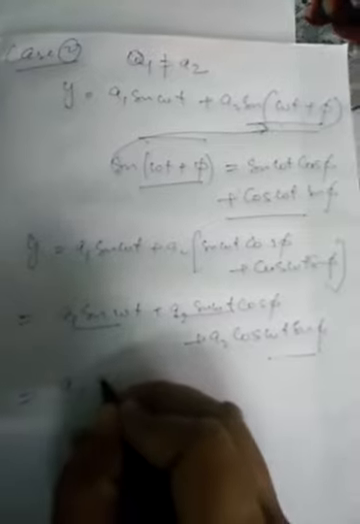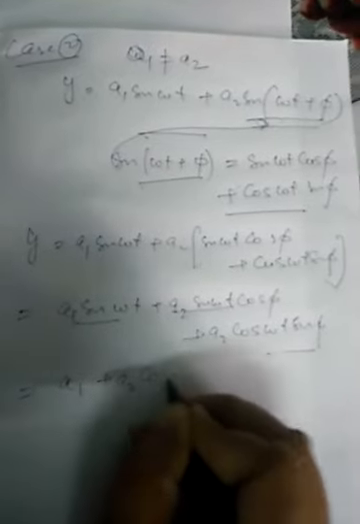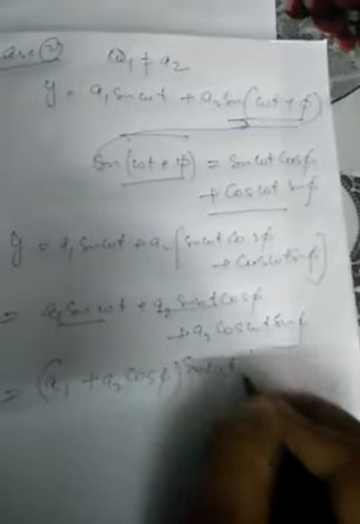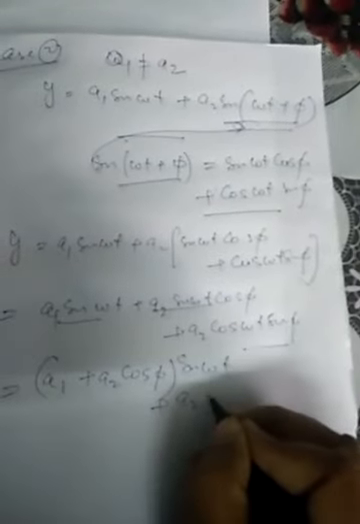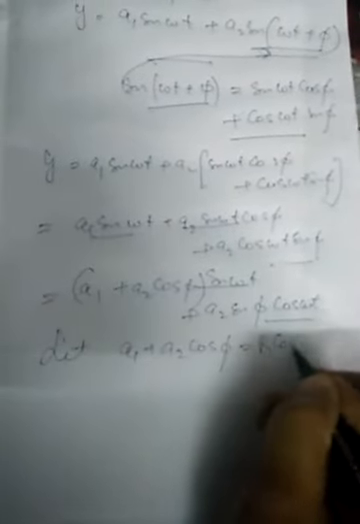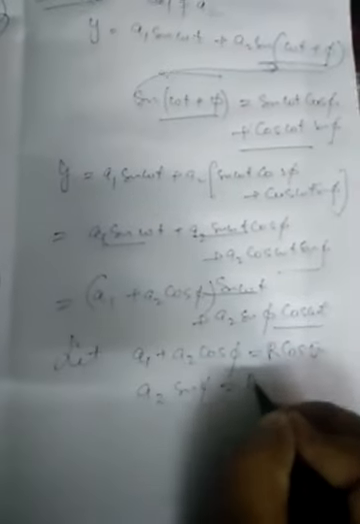So that means (a1 + a2 cos φ) into sin ωt plus a2 sin φ into cos ωt. So either in the form of sine or cosine we will write it out. And then we will substitute: let a1 + a2 cos φ equal R cos θ, and a2 sin φ equal R sin θ.